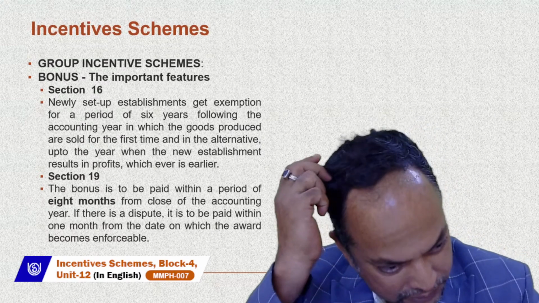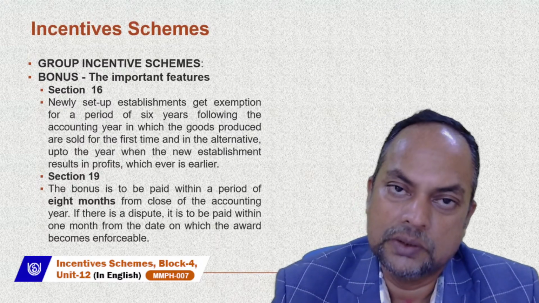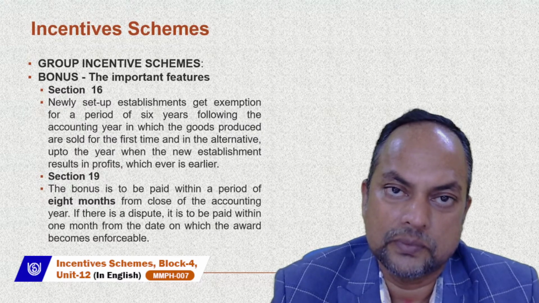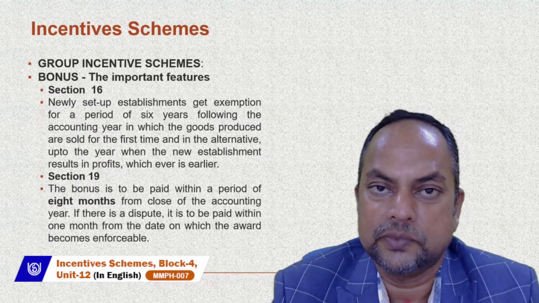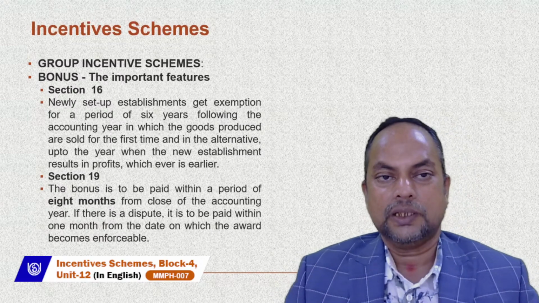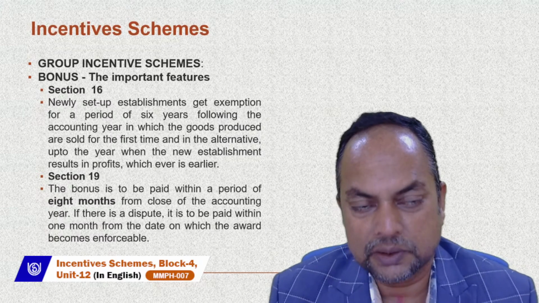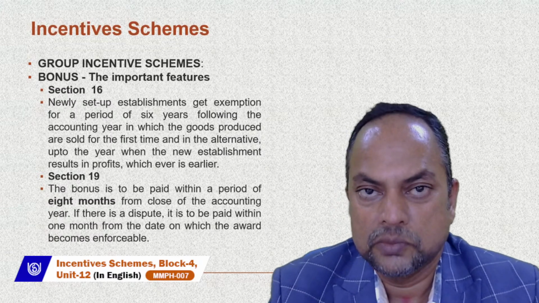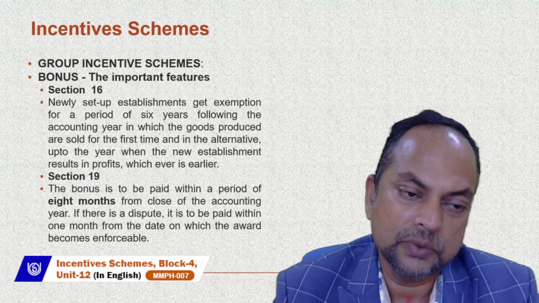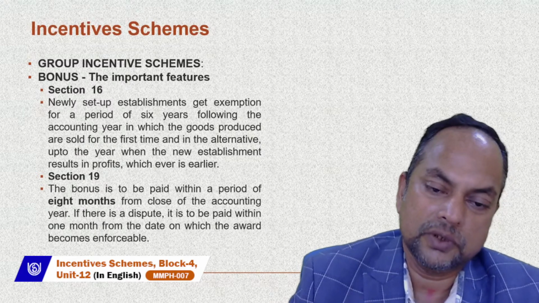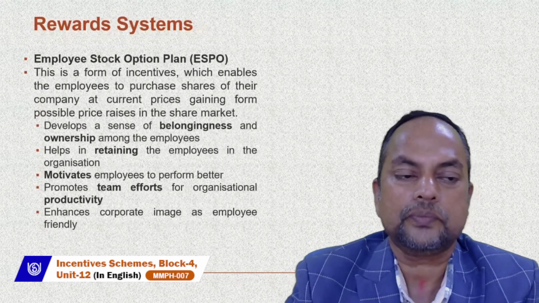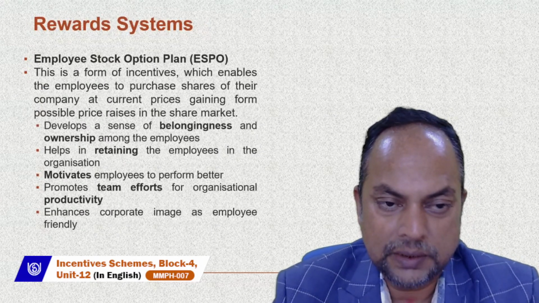So after 31st March, when the new accounting year begins, from that, 8 months: April, May, June, July, August, September, October, November. So mostly you'll see that this bonus is normally administered in the month of October or November, which is 8 months from the closure of the accounting year, right?